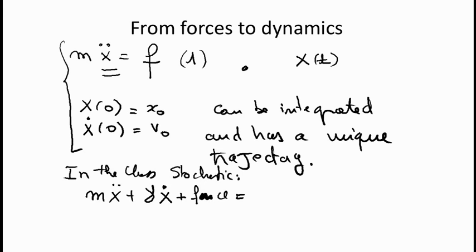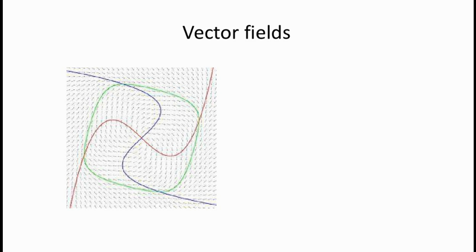We have here a constant, exactly 2 epsilon gamma. I will discuss later what those constants are, and this is a noise. Then the dynamical system corresponds to the case where this is 0, and for example we don't have this term here either. Still, we are interested in understanding how forces determine the motion. So this is the general introduction, why we need to do this.